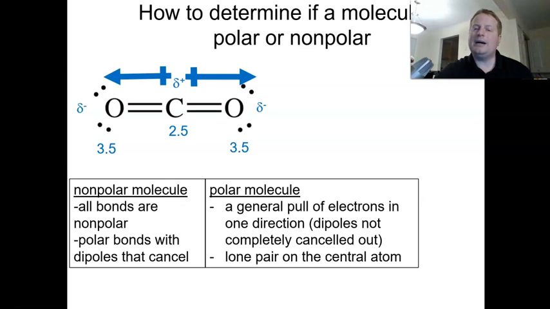There are equal and opposite dipoles on here. In other words, there's a molecular symmetry of the electron distribution. When that happens, the molecule itself is not generating a general pull of electrons to one side of the molecule. They're kind of more symmetrically spread out, and so this molecule is actually nonpolar.